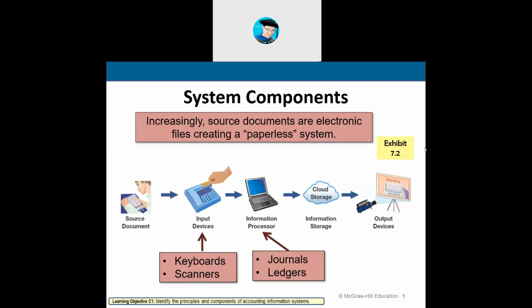Okay, so we take those source documents and we take the data from those source documents, we enter them into our system through a keyboard or a scanner or some device, right, to help us to enter the information into the system. And through that, we are making journal entries and ledger entries into our computer information system.